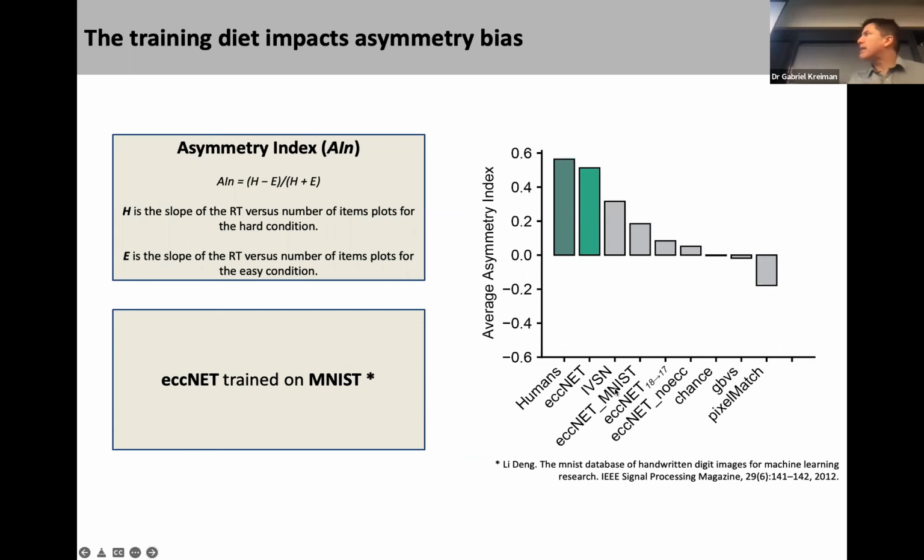So this was a strong hint that how the model was trained, that is, what kind of features the model is used to, is actually relevant and important for performance in visual search. So the last point I want to make is how we can use this to begin to investigate aspects about the development of the model and the training regime that the model was subject to.